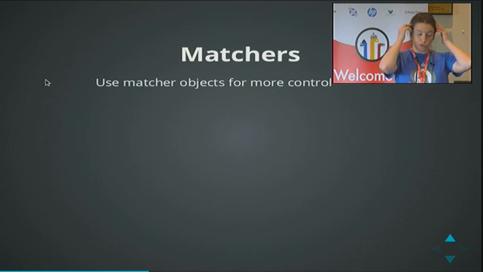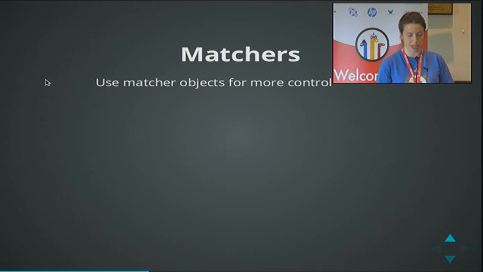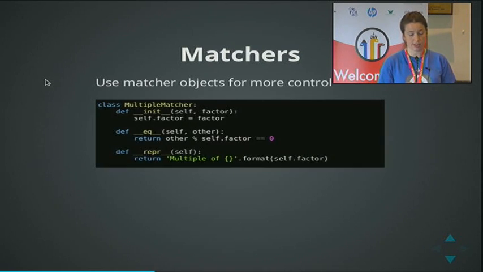If you want even more control, you can use matcher objects. Now, these aren't actually specific to mock, it's just kind of a nice Python thing. And you can pass in anything that implements the equality operator. So say I wanted to check that a multiple of a given number was passed in.